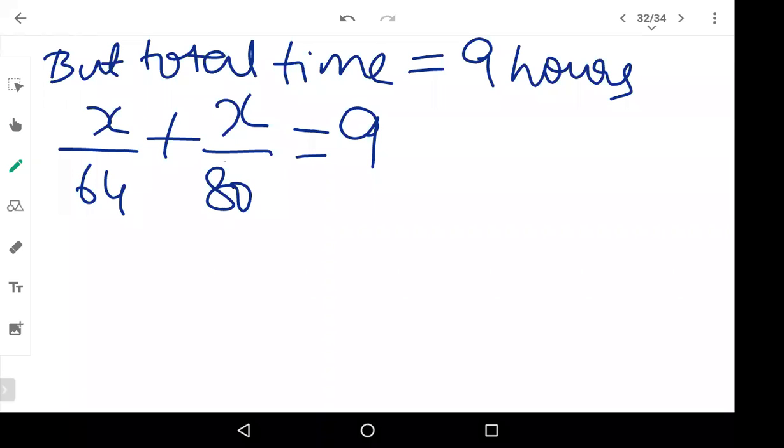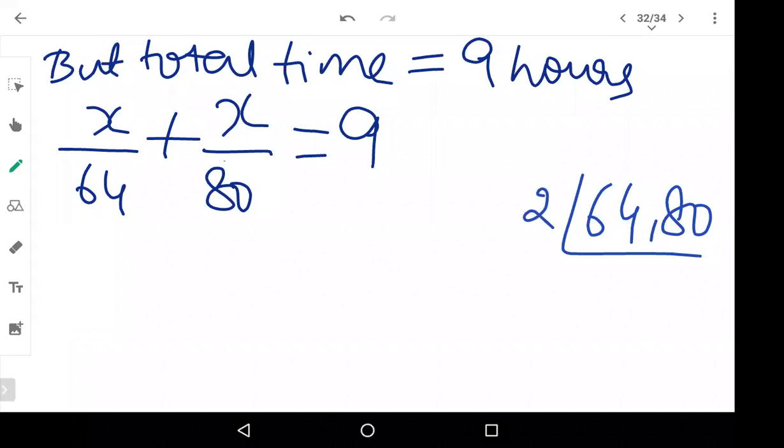Now here you are supposed to take the LCM. If you take the LCM of 64 and 80, what is the answer that you got? How much is the LCM? LCM itself is 320. I'll go by 4.